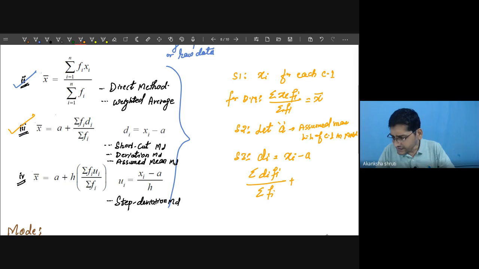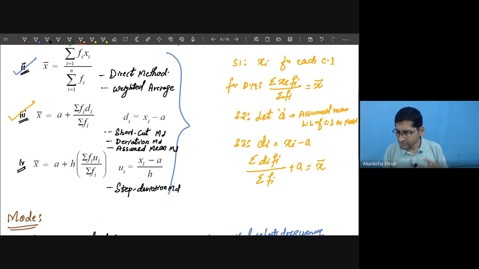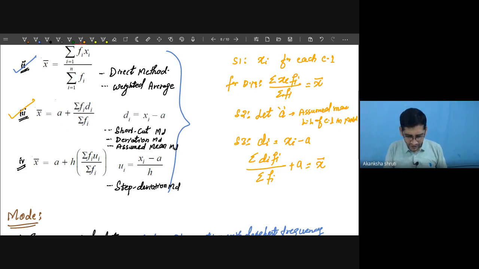After this calculation, you have to add the A. That way, you will get the real mean. So this is method number 3. Now, if we are going for method number 4, then up to this step number 3, it's okay.